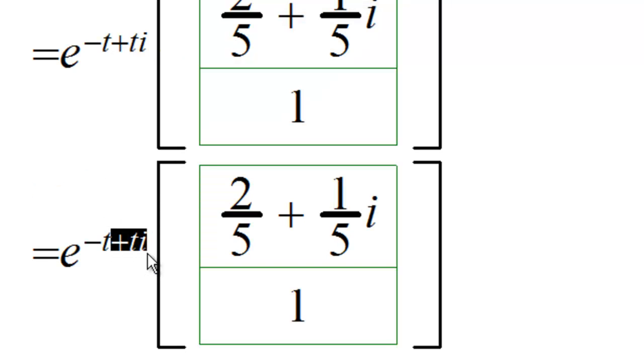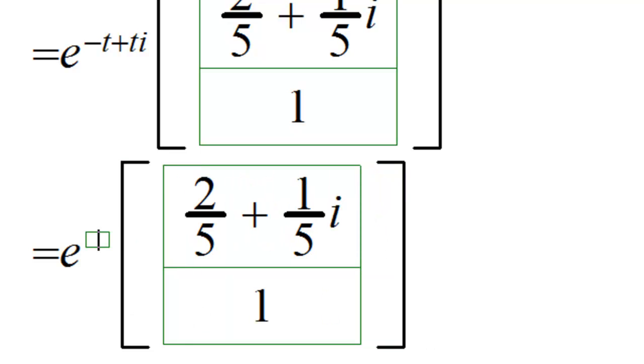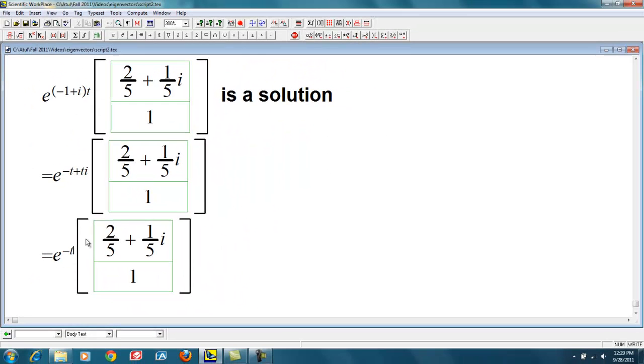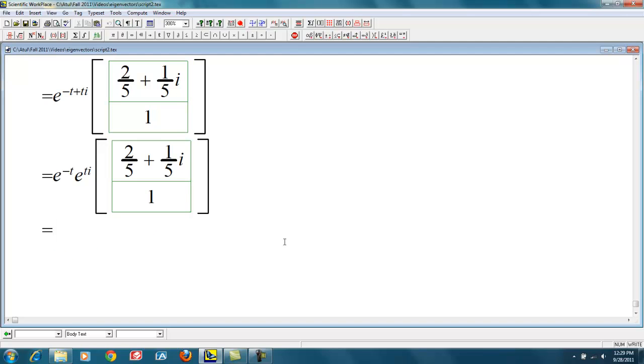So now we want to apply Euler's formula, right? So we will do this, get negative t, and then get ti, right? Again, makes sense? So what I have then is e to the, excuse me, here, negative t, and e to the ti becomes what again by Euler?